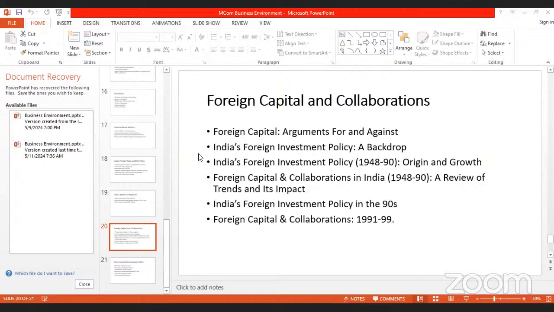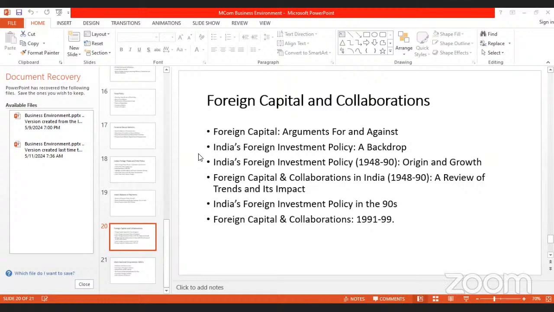Also, India's foreign investment policy and its approaches to foreign capital and collaboration have evolved from restrictive and cautious to liberal and welcoming. The significant shift in the 1990s marked a new era of economic growth, technological advancement, and global integration as well.